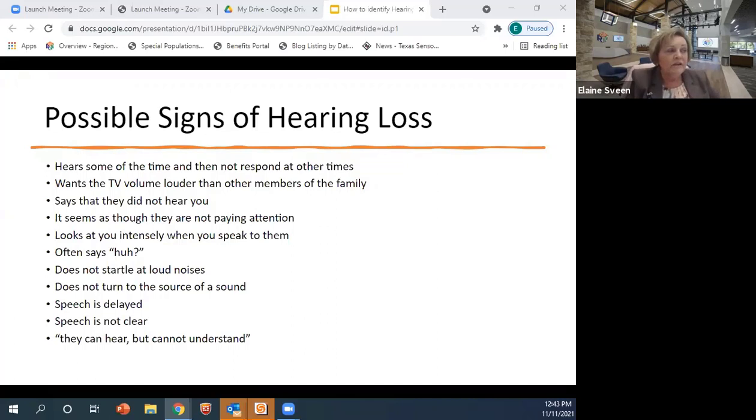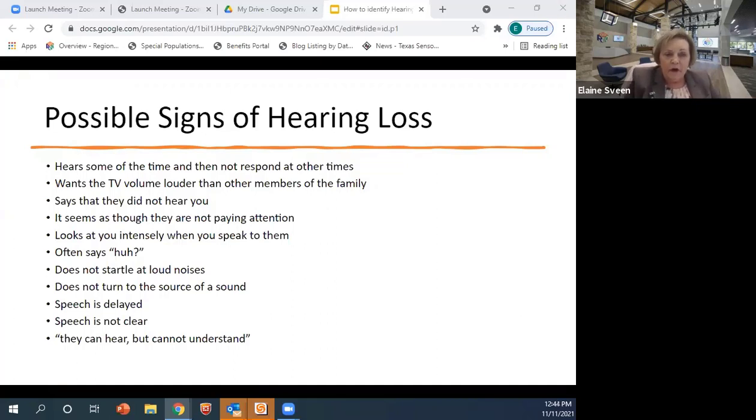Speech is delayed. Speech is not clear. They can hear, but they cannot understand. So those are all possible signs of hearing loss, and I'm sure we could develop a longer list. But those are some things to look for in your work.